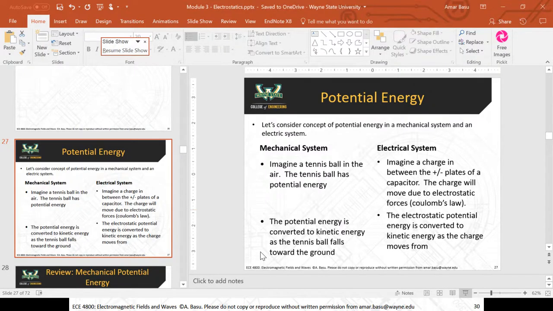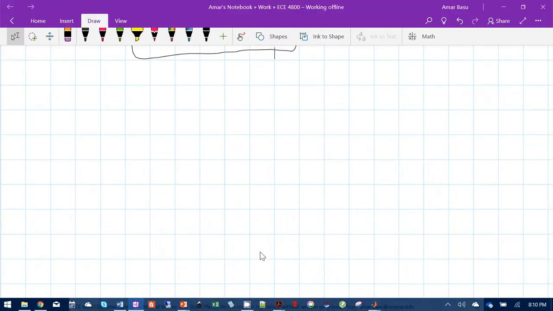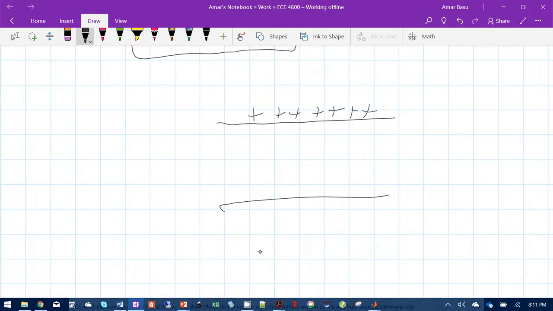This is the same idea as that parallel plate capacitor. Movement perpendicular to the field does not take any work, and that is all part of this formula. So let's say you have your two plates. This one has positive charge, this one has negative charge, and then you put a positive charge here.